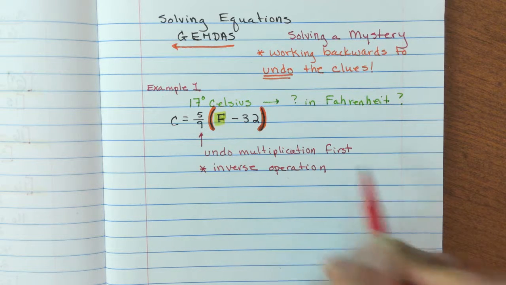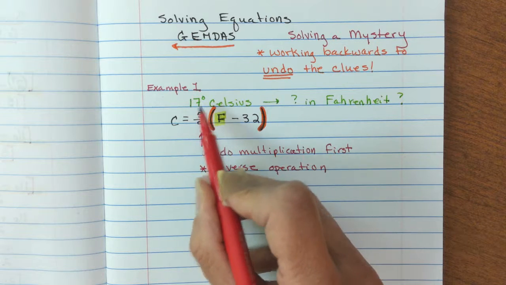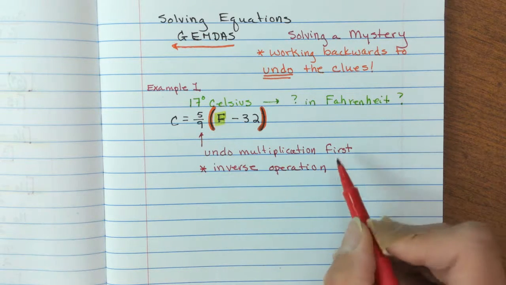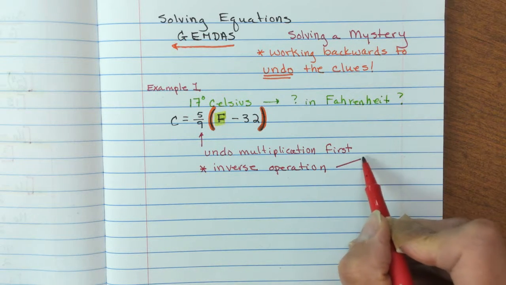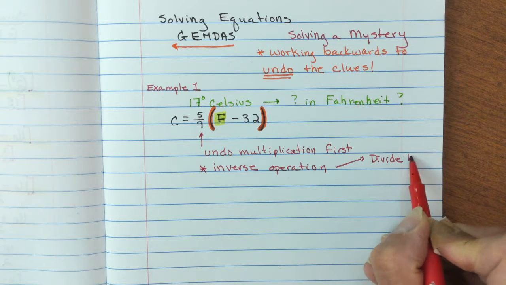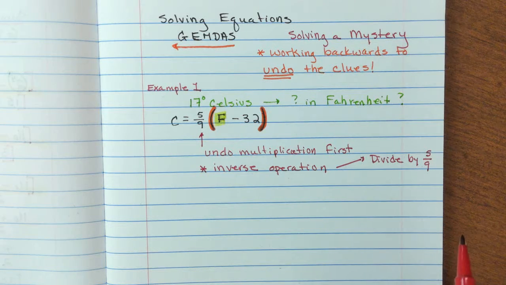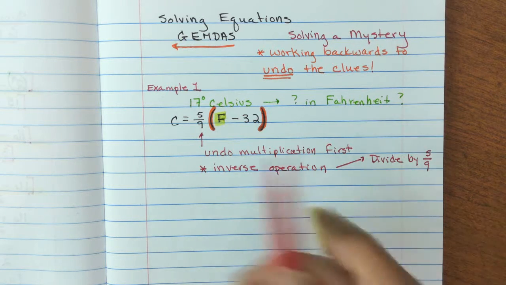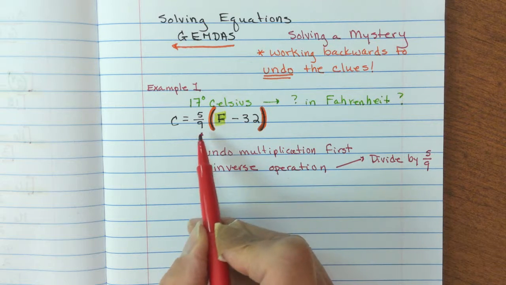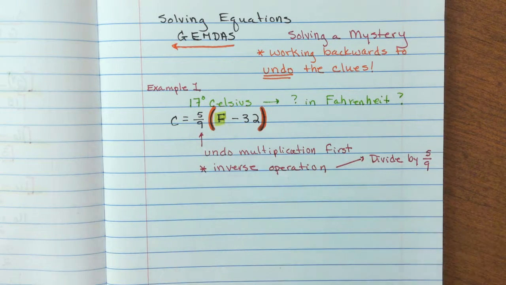operations. A lot of people think, well, if I want to undo the multiplication of 5/9, you may want to divide by 5/9. But that becomes kind of ugly, because then we have 5/9 divided by 5/9, and then the C divided by 5/9.